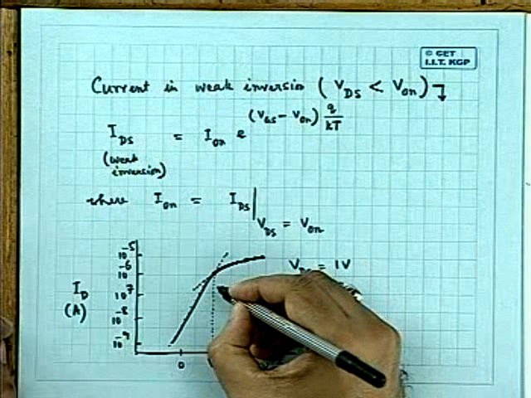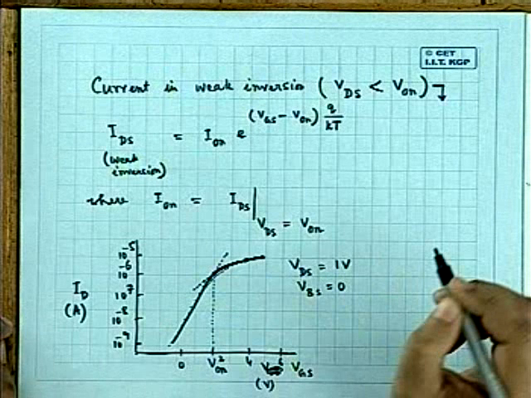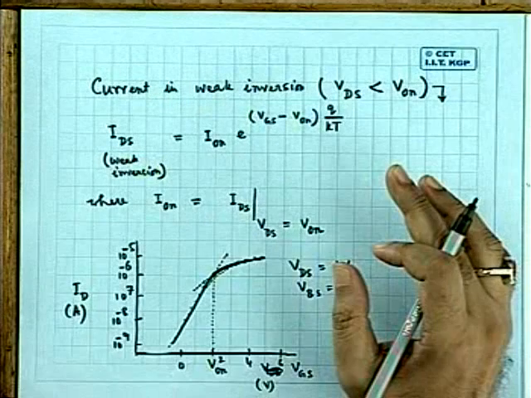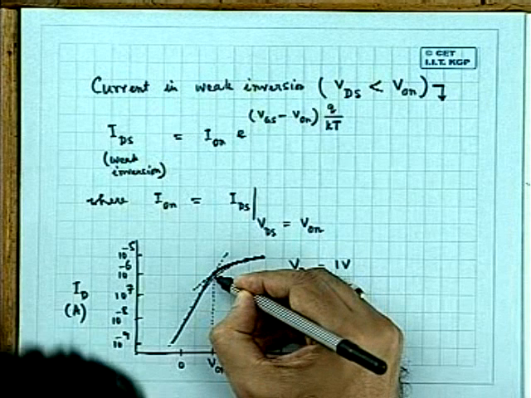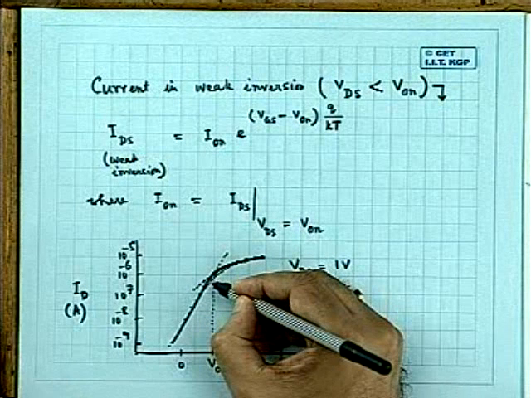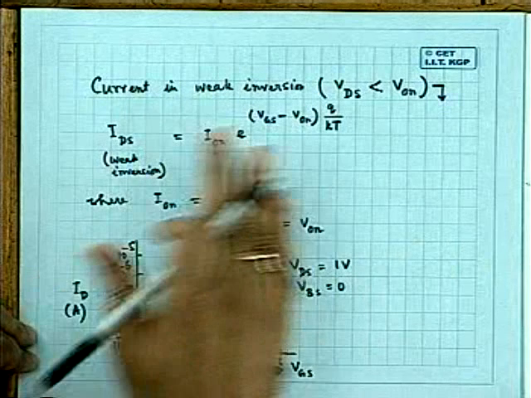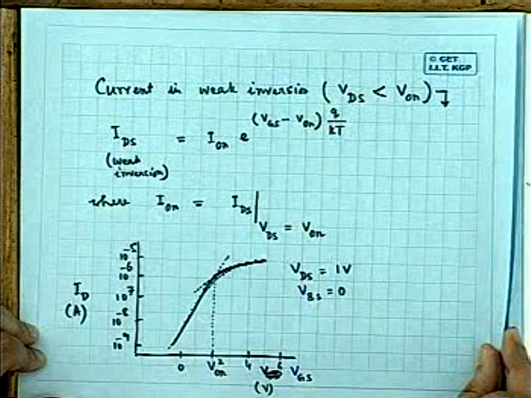Some other workers have done some work, which I shall not discuss, to make it smooth. Instead of using a straightforward exponential, you do something mathematically so that not only the functional values but also the slope values match. So this is regarding the subthreshold conduction in the N-channel MOSFET.